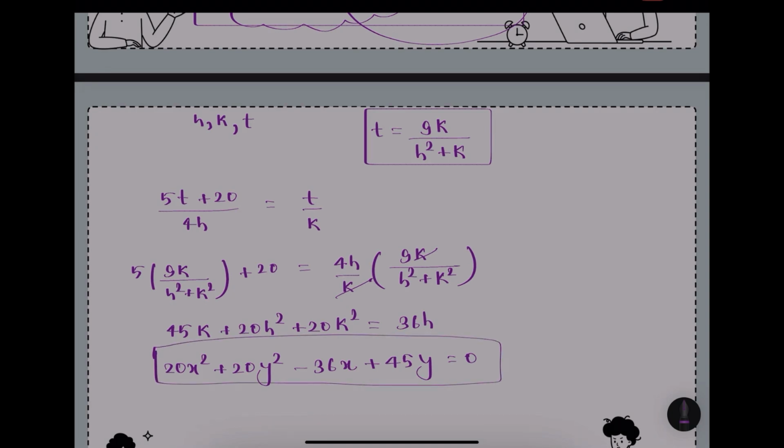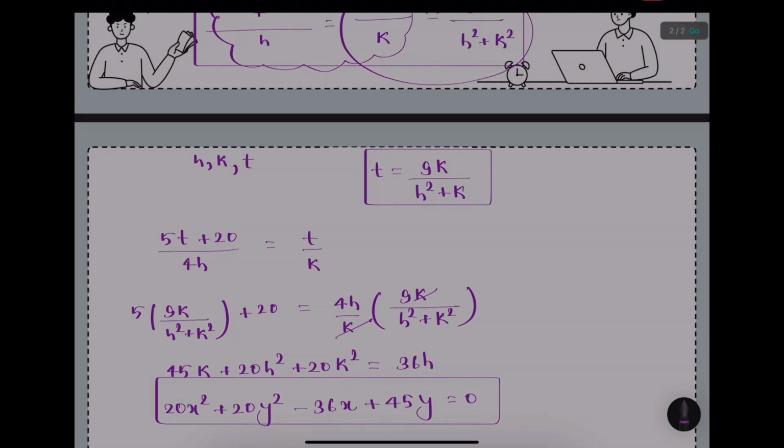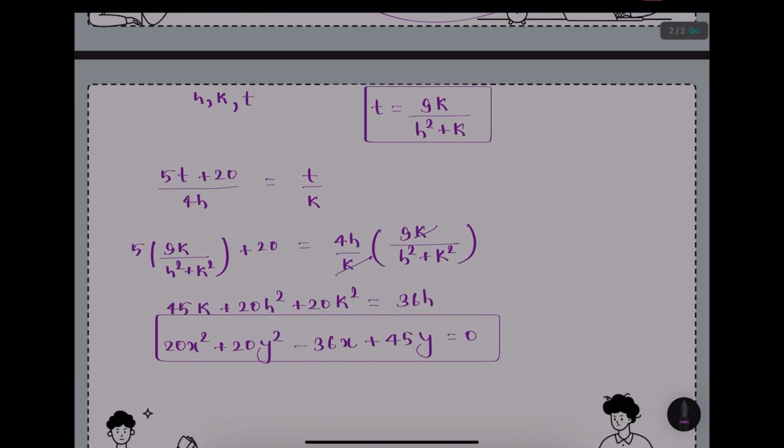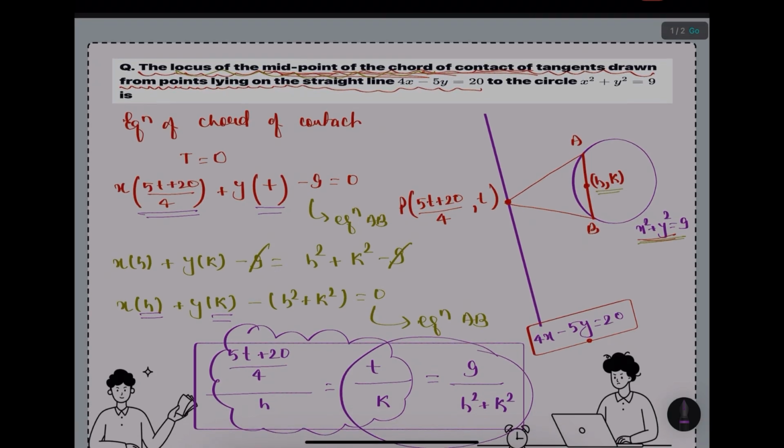So the required equation is this thing: 20x square plus 20y square plus 45y minus 36x equals 0. I hope you can connect your concepts with this illustration.